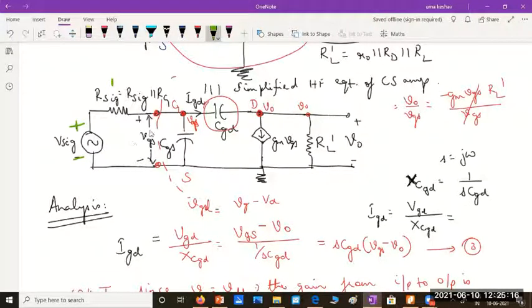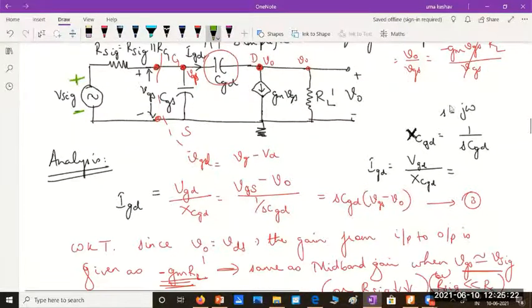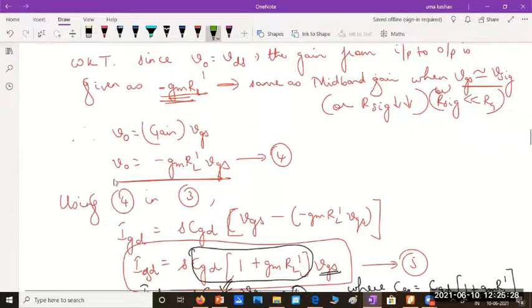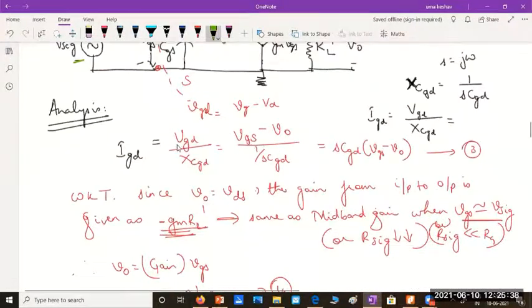So from VGS till V0, the gain is minus GM RL dash. So I will express V0 as VGS into minus GM RL dash, writing the output voltage in terms of the input voltage VGS, so that I can simplify the equation for IGD further.